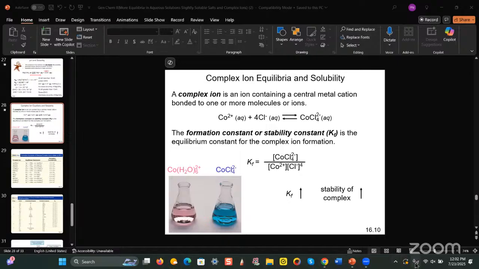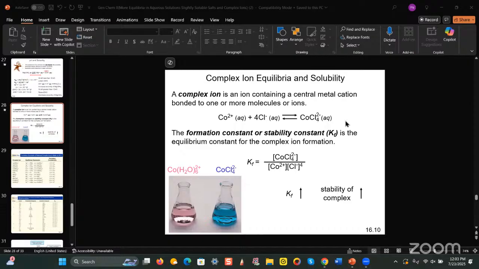A complex ion is basically a collection of atoms where the central atom is a cation and it's surrounded by molecules or anions. All right, so a good example of this is shown here, where you have the cobalt 2+ ion will combine with 4 chloride ions to form this complex. So this complex here is simply a cobalt ion surrounded by 4 chloride ions. So that forms one unit. So that's called a complex ion.